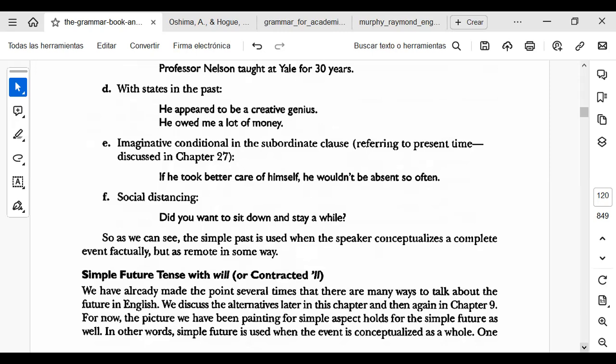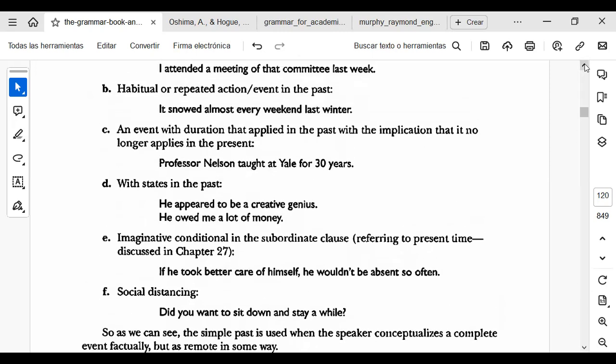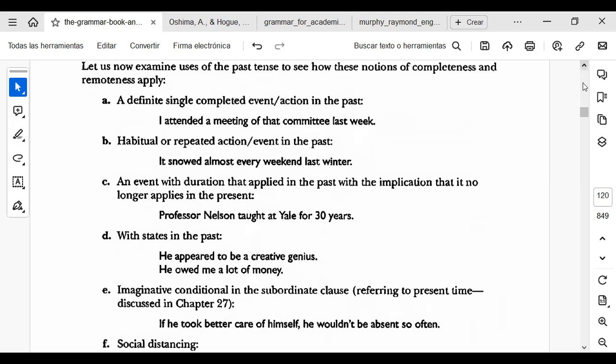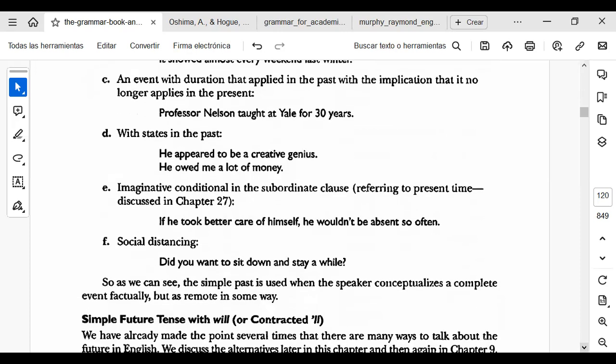So that is a conditional. And social distancing, did you want to sit down and stay a while? So it's asking a question. Those are the examples. Thank you, Silvia. Very good. So you have to remember this for when you can use the simple past.